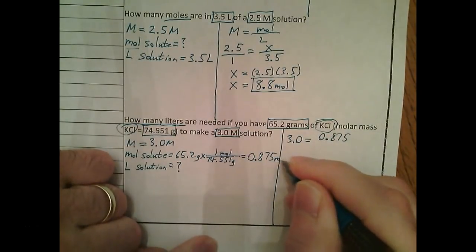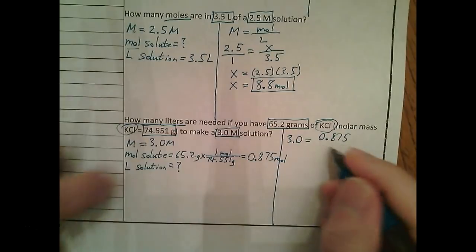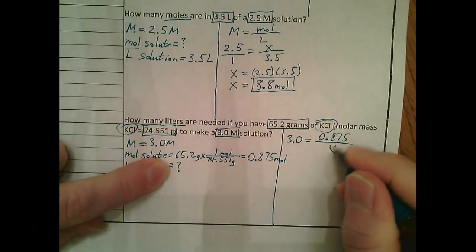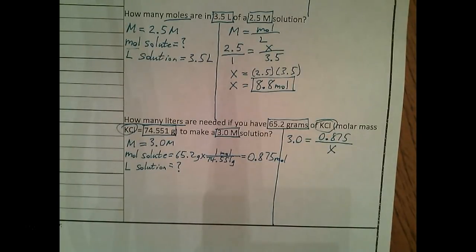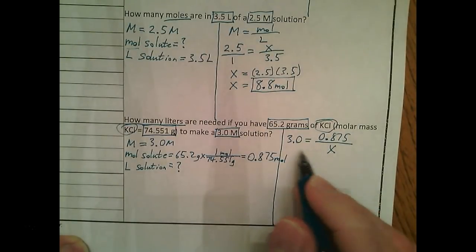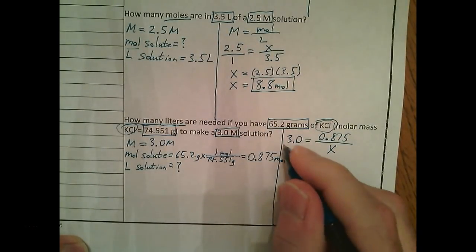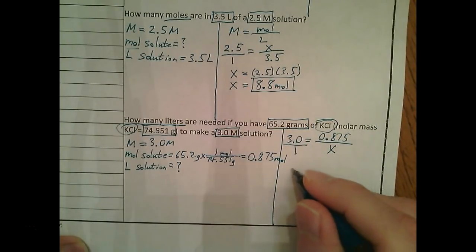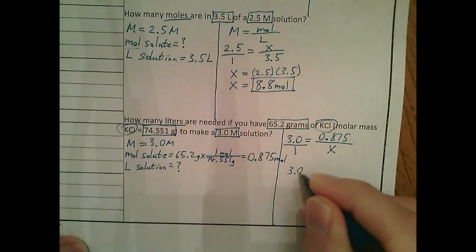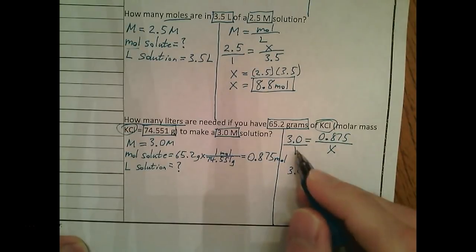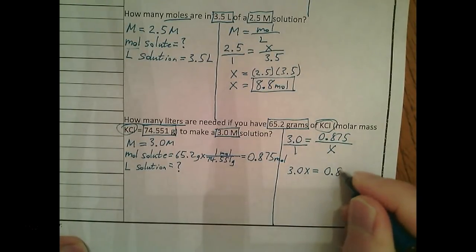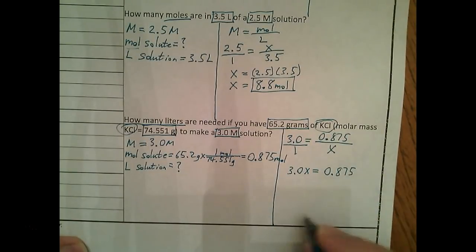Oh, I should put my units here. Moles divided by liters. Well, liters is unknown, so I'm going to put X. Be careful. This is where mistakes are often made. Don't try to skip steps on this. Go ahead and cross multiply. 3.0 times X is 3.0X. And then 1 times 0.875 is 0.875.